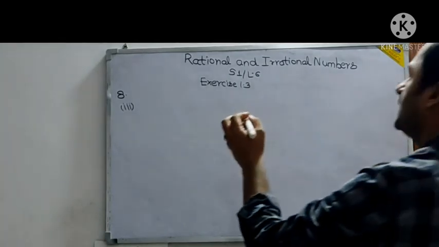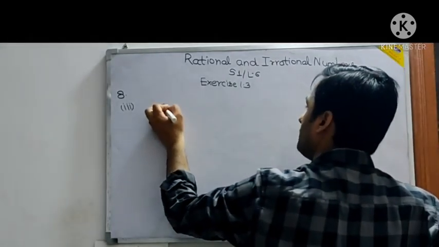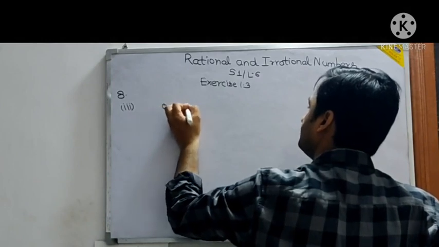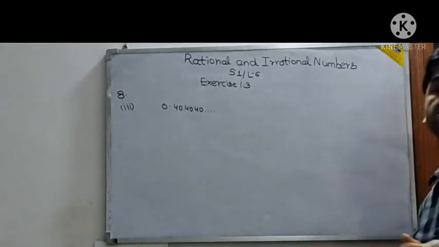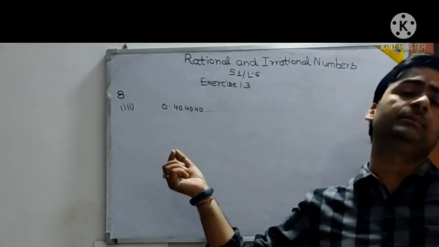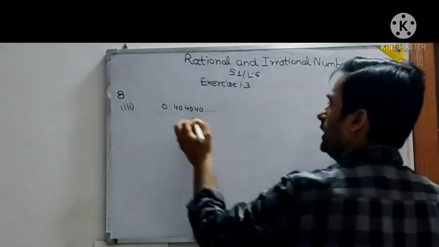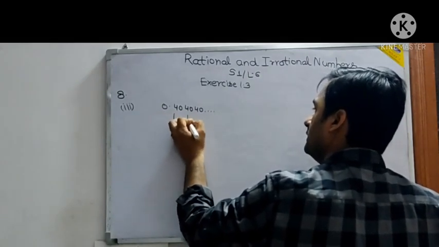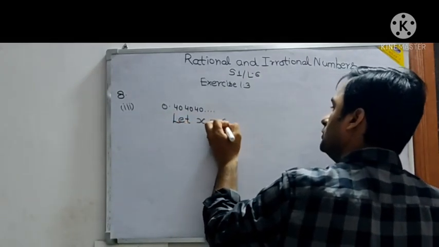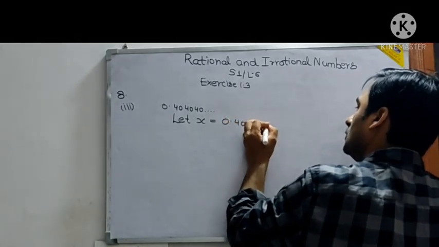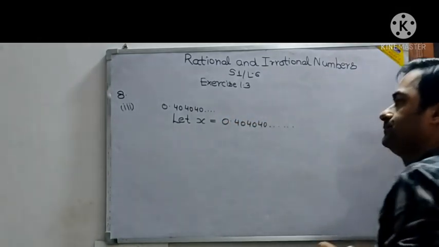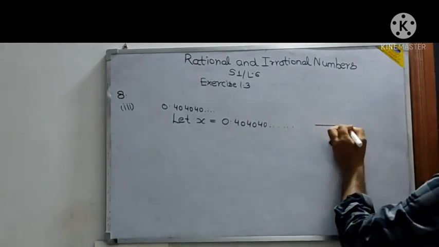That means what is being repeated? Here, 2 digits are getting repeated after the decimal point. So let x equal 0.404040 dot. This will be your equation number 1.